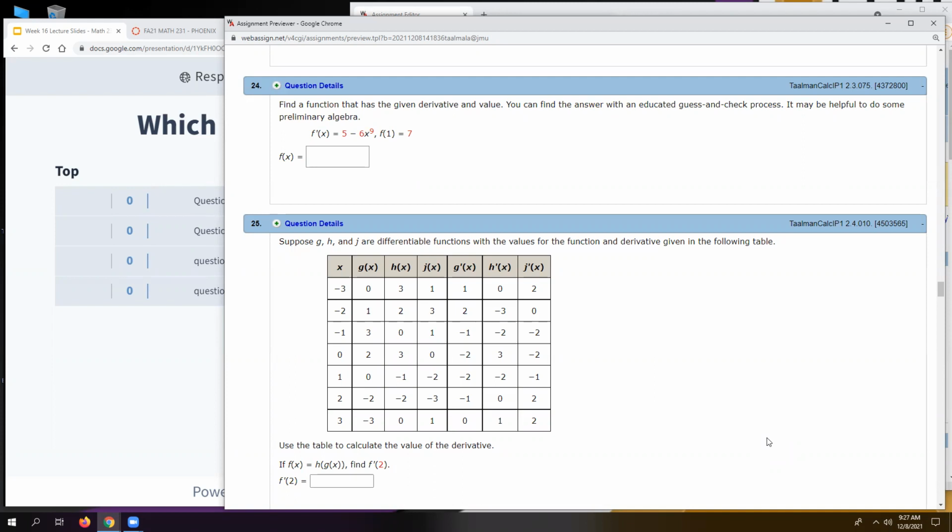Because now when I differentiate, this 10 will come down and cancel, and I'll be left with the 6, which is just what I want. So here's my check. F prime of x is 5 minus 6x to the 9th. Correct.